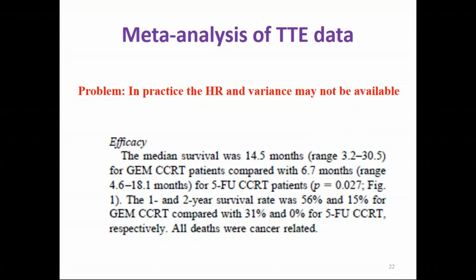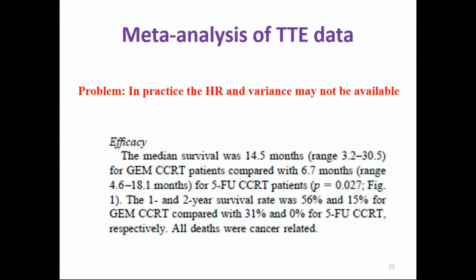However, in practice, it's very uncommon for the hazard ratio and variance to be provided directly. And there's other various types of information that might be reported in medical journals. So this is an example of the kinds of information you might come across. Here we have a trial reporting that the median survival was 14.5 months for GEM-CCRT patients compared with 6.7 months for 5FU patients.